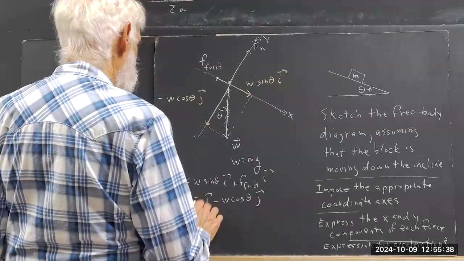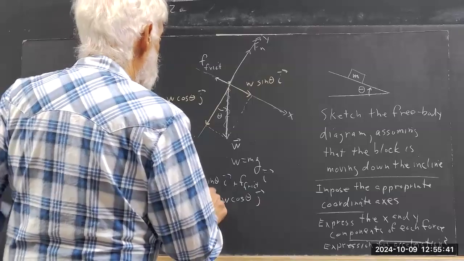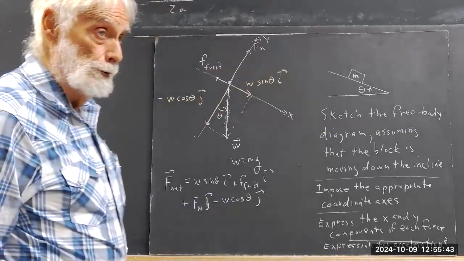And I said I here, it's times J. Obviously, this is in the y direction, so your J vector.